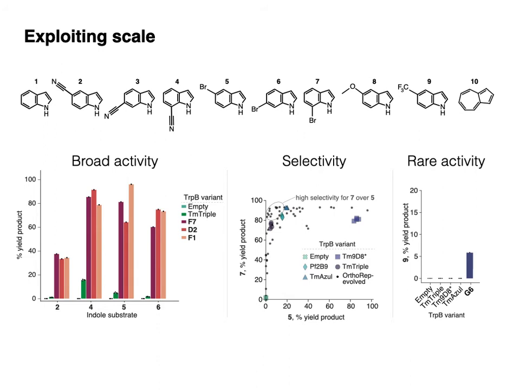Finally, on the right, you see that there is a variant, G6, that has activity with 5-trifluoromethyl indole, which is a substrate that no previous engineered or evolved TRPB variant has been able to make use of and make the corresponding trifluoromethyl tryptophan from.